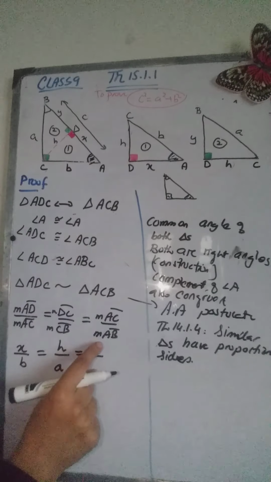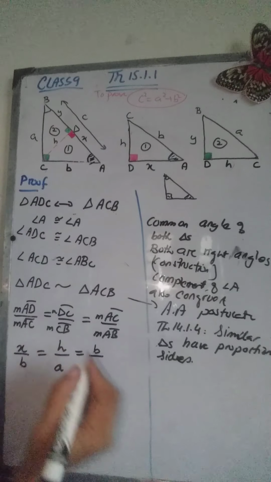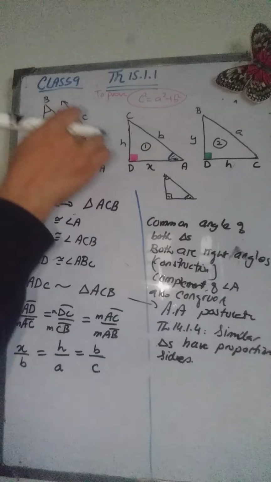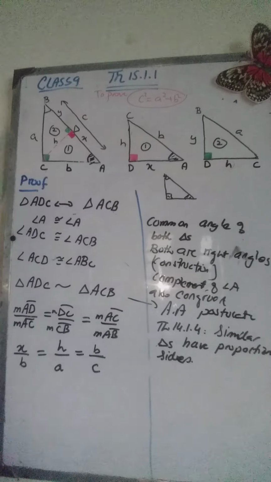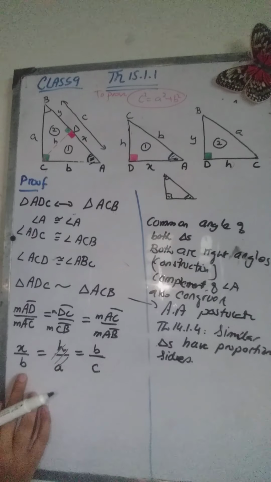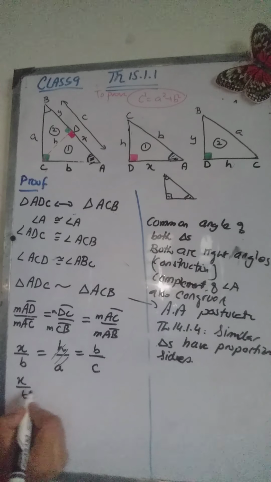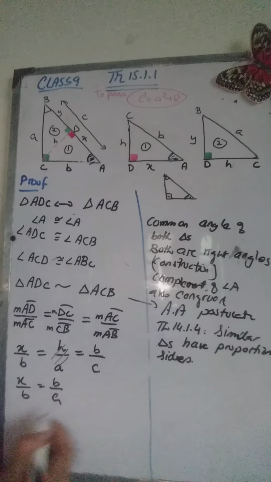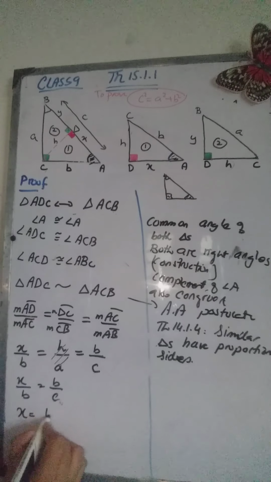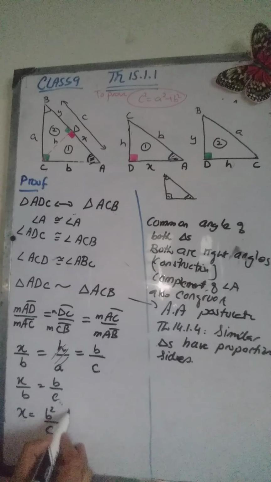AC was taken to be B, and AB was taken as C, which is the sum of x plus y. Now I will drop this one because it will be enough to take these two equal. x over B is equal to B over C. From here, shifting B to this side, x is equal to B squared over C. So this is x.